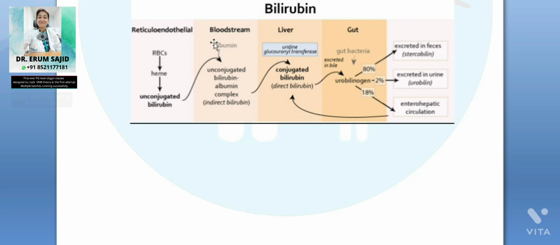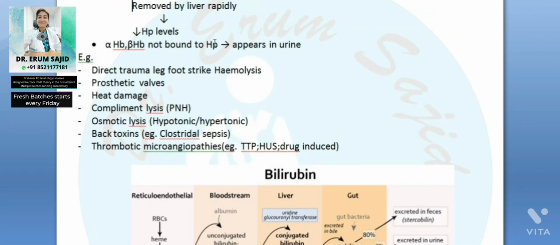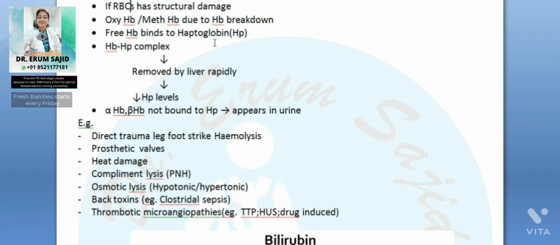Here it's not shown, but I've written it down over here, that usually the hemoglobin that is released is removed by the liver rapidly. And how? Because hemoglobin usually binds to haptoglobin, which is a proteinaceous molecule, and the hemoglobin-haptoglobin complex is removed by the liver very rapidly.